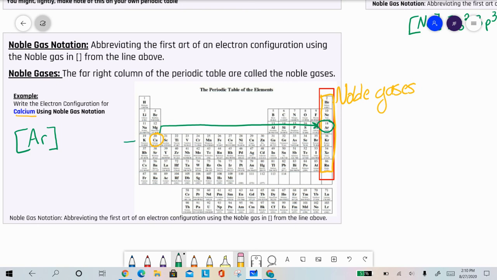Then I have 1s, 2s, 3s, 4s. So I'm now in the 4s energy level and sublevel, and I have 2 electrons, 4s2, 1, 2. So my electron configuration for calcium using the noble gas notation is brackets argon 4s2.